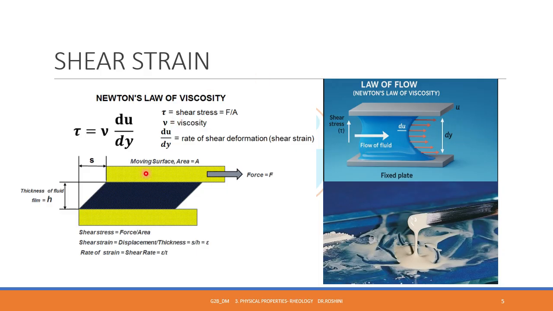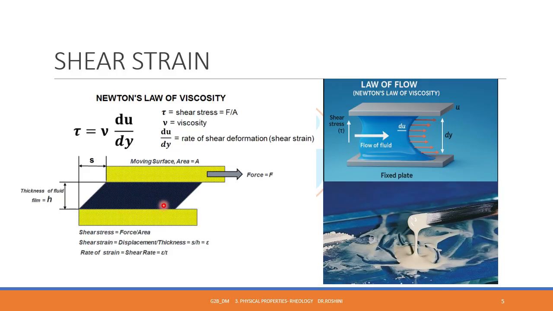Here in this picture, you can see two surfaces which are shaded yellow. The bottom surface is fixed and the top surface is moving. You can appreciate that the surface is moving towards the right side. And the blue shaded area is nothing but the intermediate fluid in between the two surfaces.